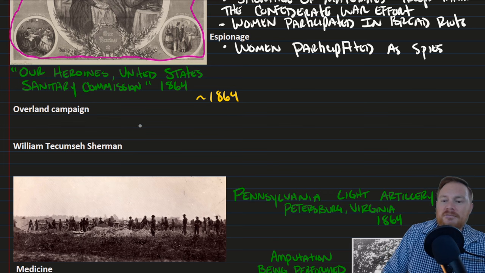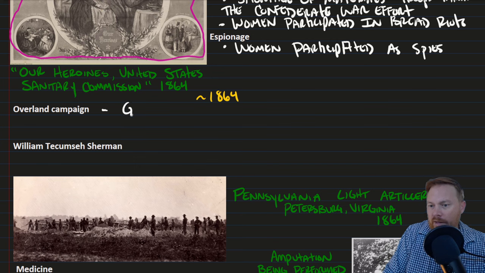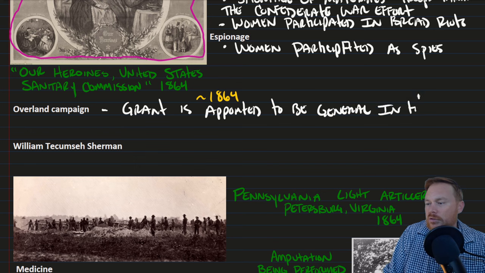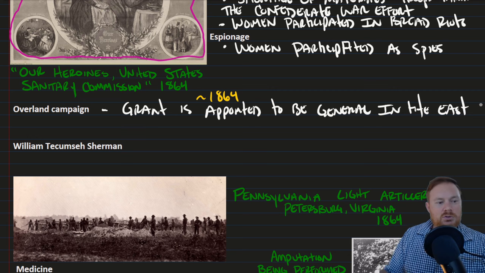And so eventually, Grant, after all of these years, is appointed to be general in the East.